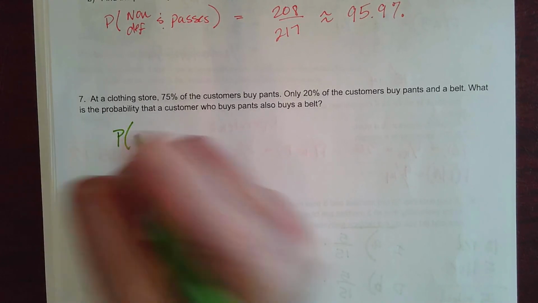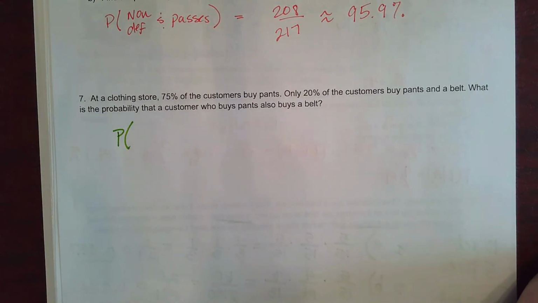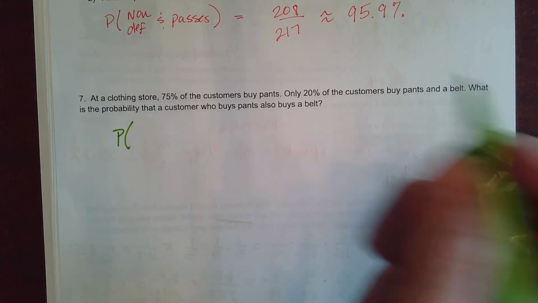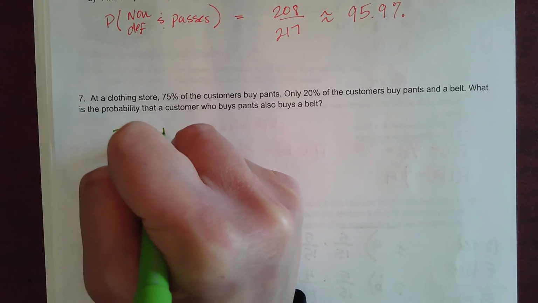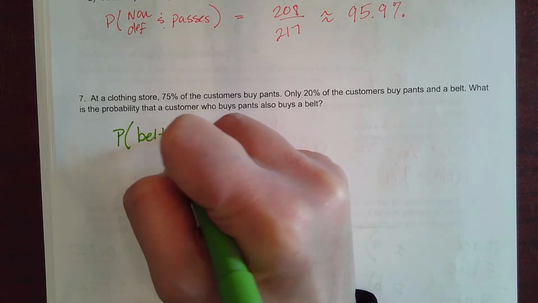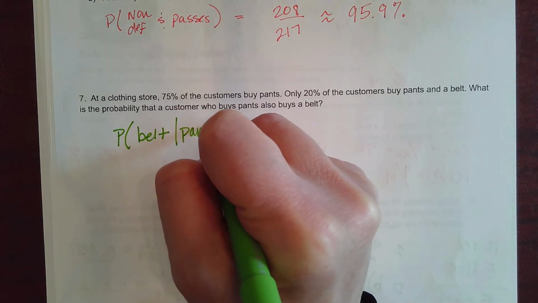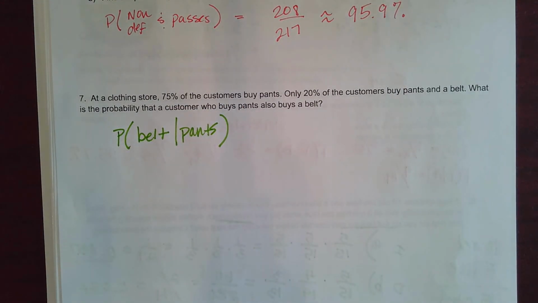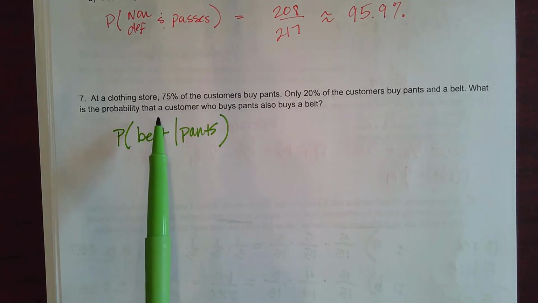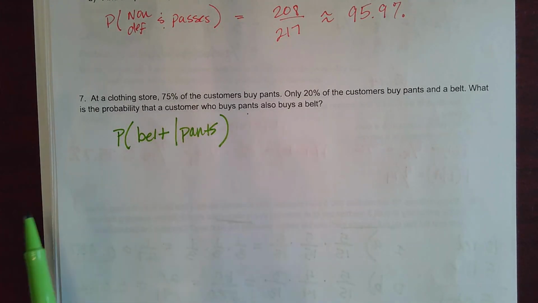We're looking at customers who buy pants and a belt. So the probability of getting a belt, given that you already bought pants. That's the probability we're looking at. What is the probability that a customer who buys pants also buys a belt? So buys a belt, given that the customer has already bought pants.